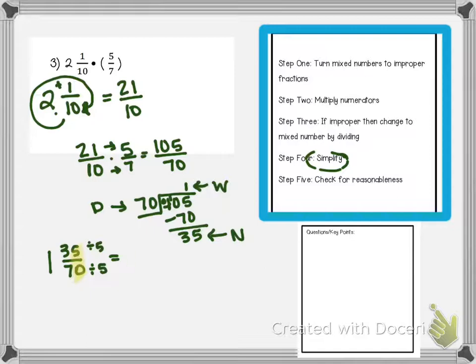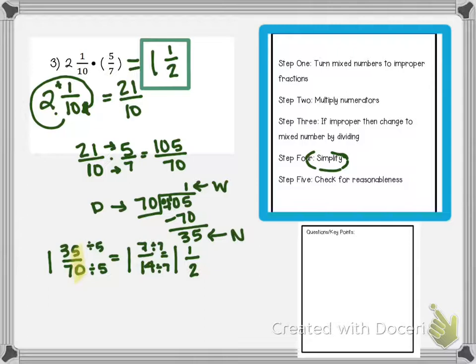So I'm going to bring my whole number over here. 35 divided by 5 is 7, and 70 divided by 5 is 14. Now, we can simplify again because 7 divides into both of those numbers evenly. 7 divided by 7 equals 1, and 14 divided by 7 is 2. So our final answer is 1 1/2.